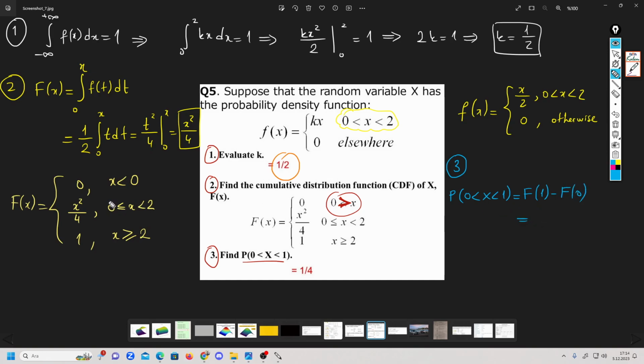So F of 1 can be calculated from here. We put 1 instead of x, so we have 1 over 4 minus F of 0, also we put here 0, it is 0, so the result is 1 over 4, which is same here. This is the end of this question.